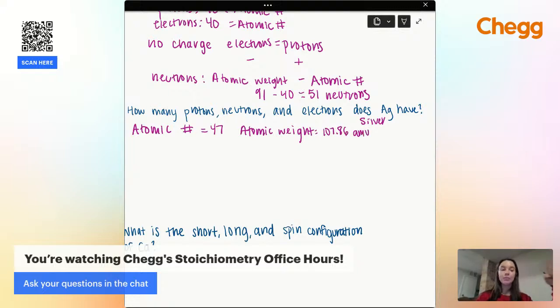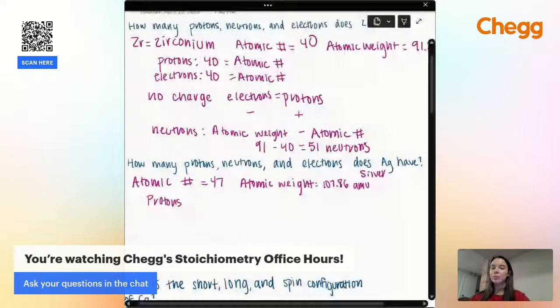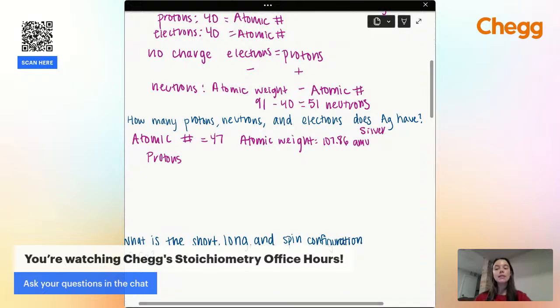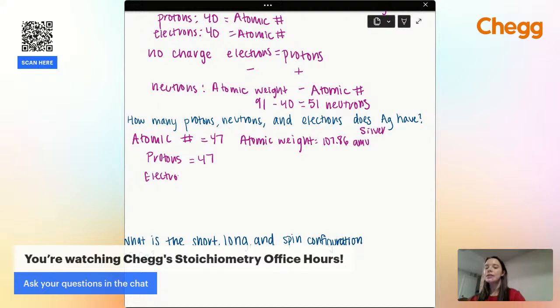So we have the atomic number and the atomic weight. For protons, we said in the problem before that protons is always equal to the atomic number. So there's 47 protons. For electrons, we also said if it's a neutral atom, protons equals electrons because those charges need to cancel out. So we're going to say 47 again.